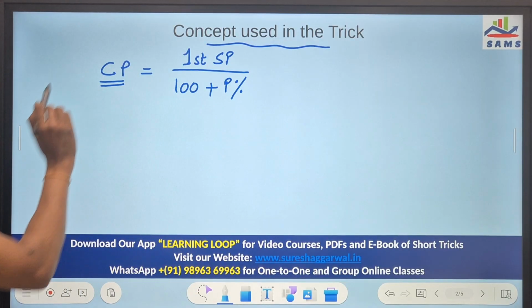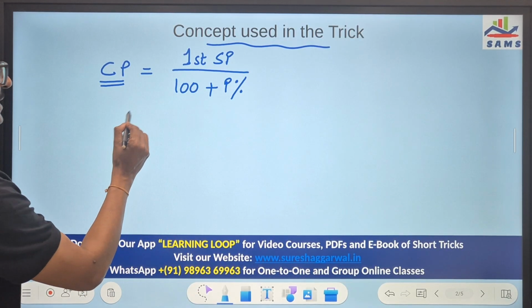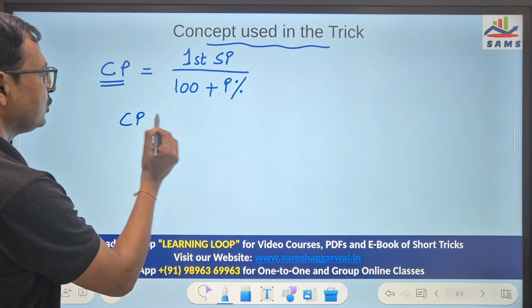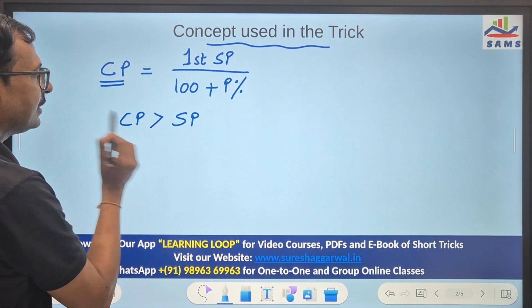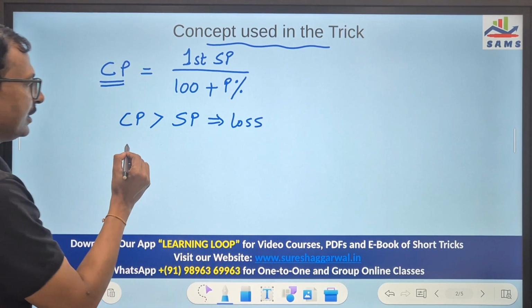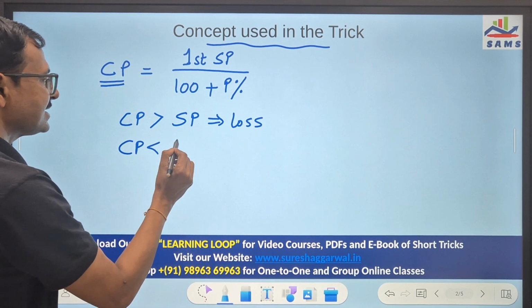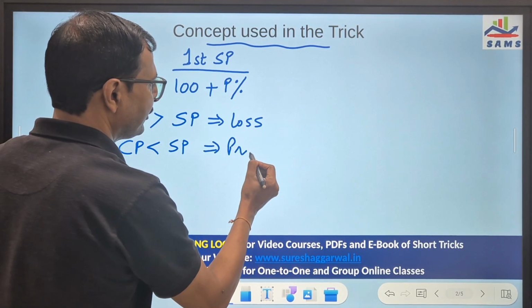Now having found out the cost price, you have to compare cost price and selling price. So if cost price is greater, then that means there is loss, and if cost price is less than the selling price, that is selling price is greater, that means there is profit.